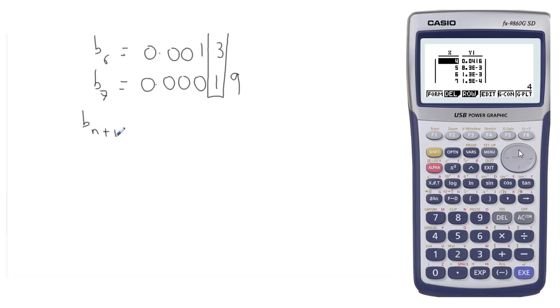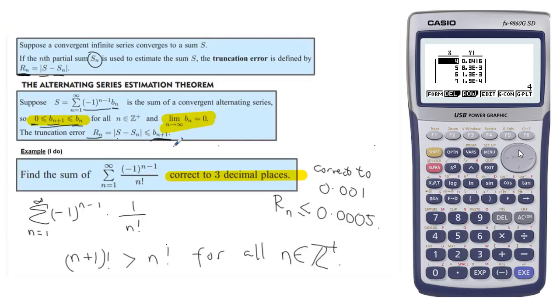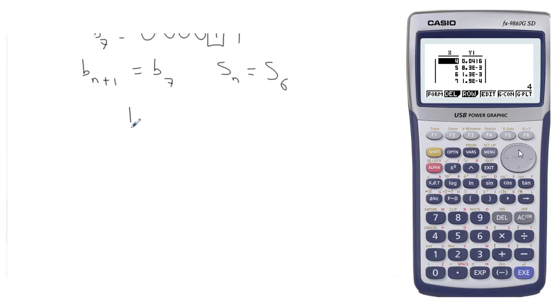Bn plus 1 must equal B7, and Sn must equal S6. So what do we mean by that? We now know that the absolute value of S minus S6 is less than or equal to B7. Remember, S6 is the sum of the first 6 terms, and B7 is the 7th term in the sequence part.